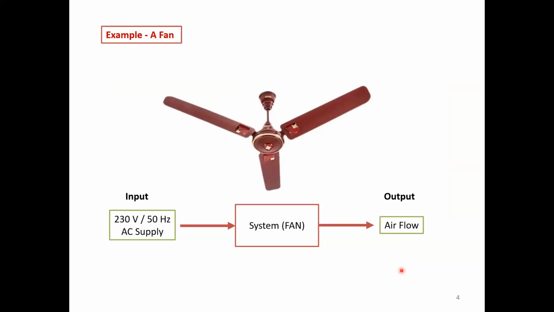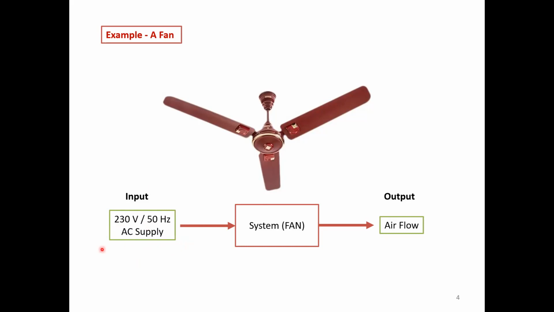Okay, let's look at a fan. You're familiar with it, right? So the fan is running. If I think of it as a system, what is the input? The input is the 230 volt AC supply.